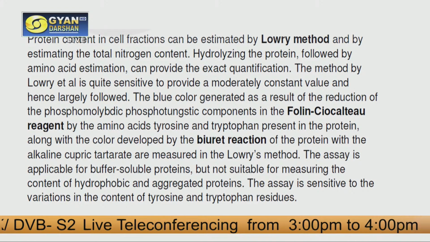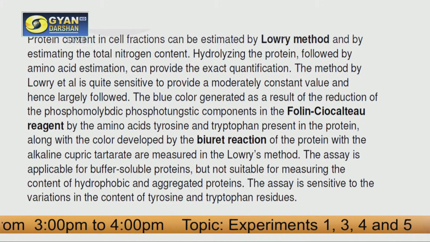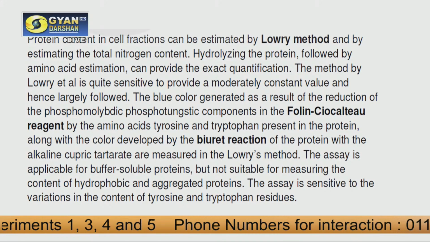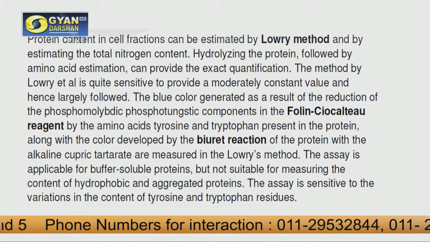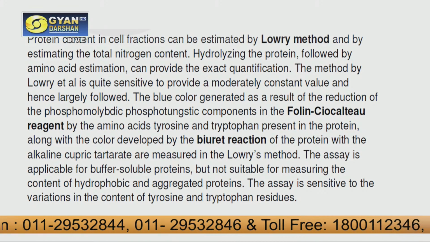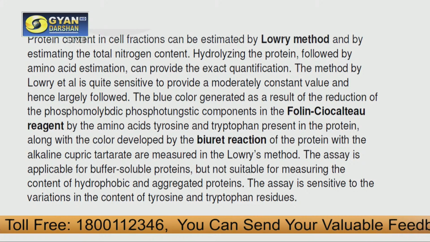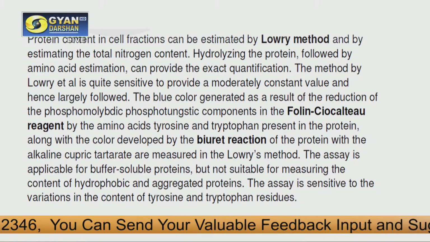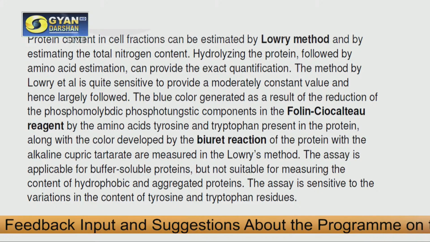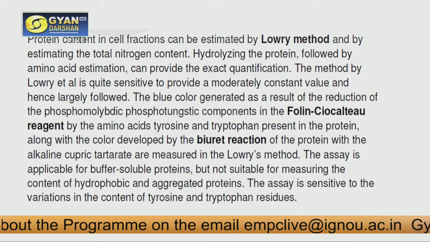Now, before going to isolation, if I focus on the estimation part, then there is a method which is called the Lowry method, by which you can estimate the protein content. What is the principle of Lowry method? Hydrolyze the protein and then estimate the amino acid. So it's a very sensitive method where you use one reagent called Folin-Ciocalteu reagent. And this reagent has phosphomolybdic phosphotungstic component.